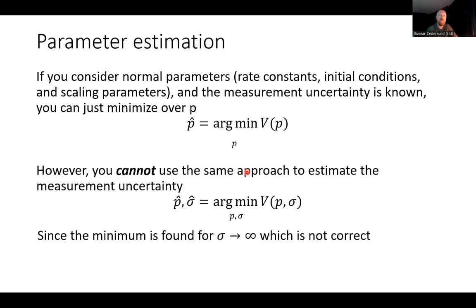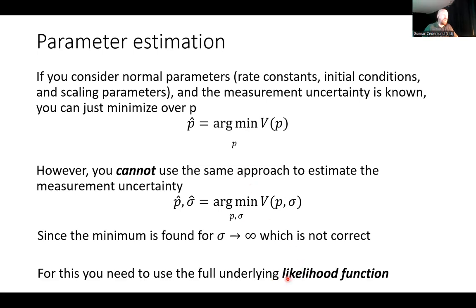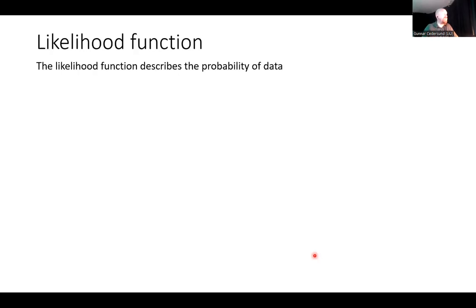And the reason why it's not the right answer is that we are not using the real cost function, so the real thing that you actually should optimize. So what we should optimize in this situation and in other situations where you have a more complicated situation is the likelihood function. This is what you really should optimize. Sometimes they are the same, but sometimes they are not.